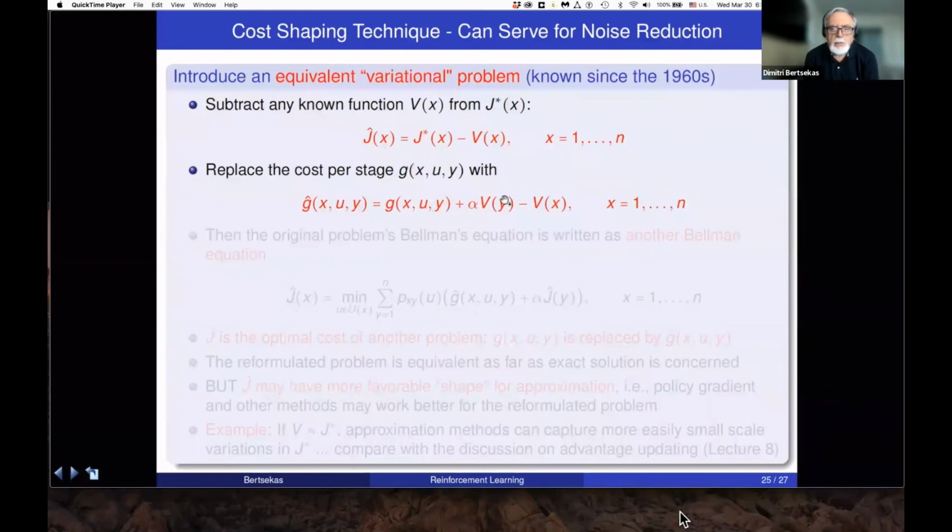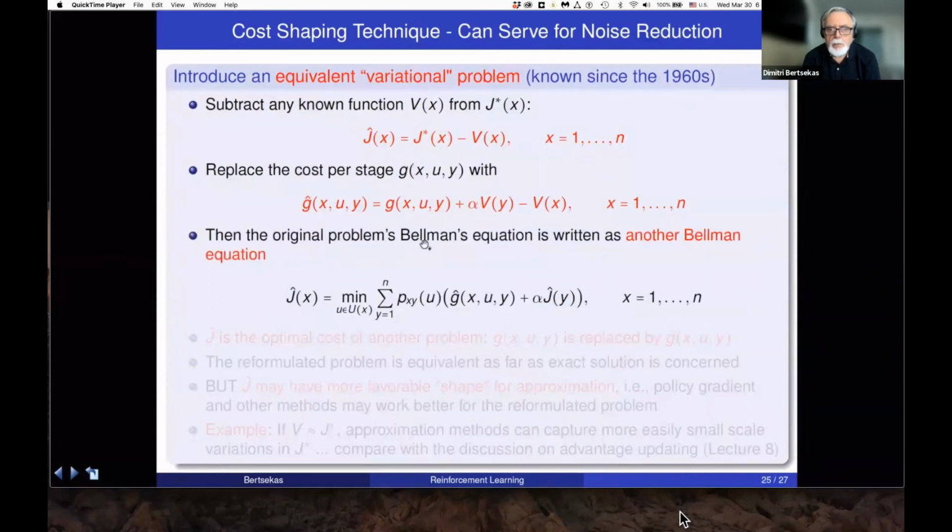And you add this term here and subtract this term. Subtract V of x, the state from which you start, and alpha V of y, you add that, where y is a state where you end up. So let's introduce this J hat and g hat and take the Bellman equation from the original problem.